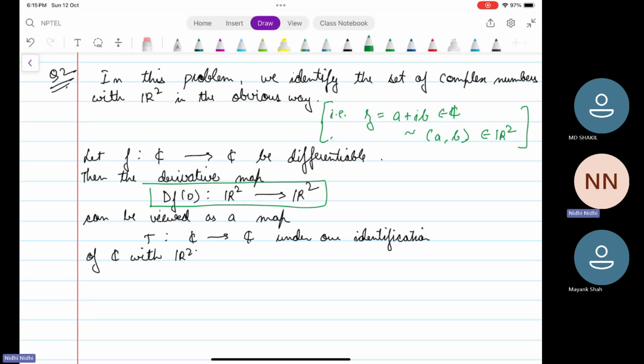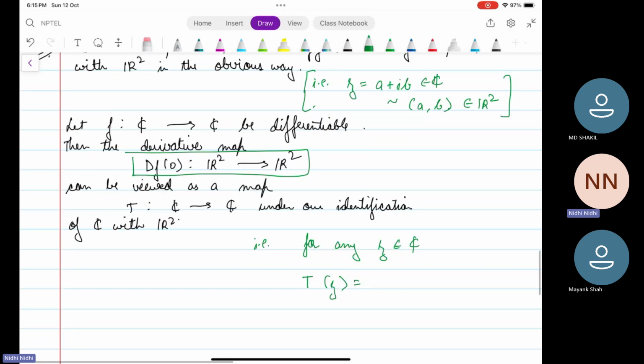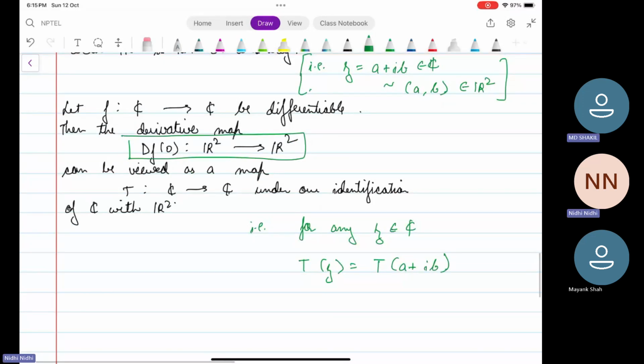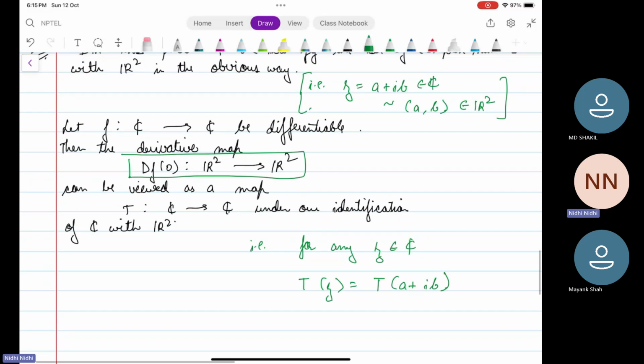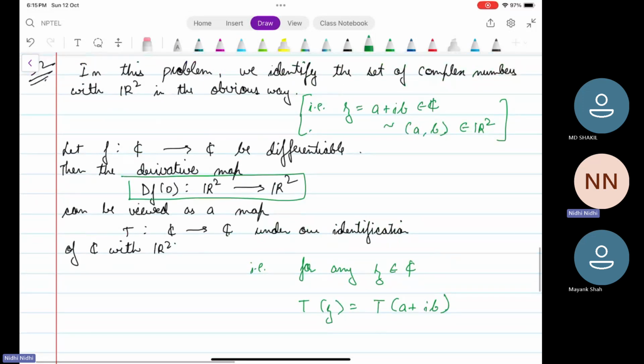That means this is a linear transformation. Then we are saying that we define T as our identification. That means for any complex number z in C, T at z is equal to T at some a plus iota b, and this a plus iota b will be identified as a comma b, and then we'll apply the map df0 at a comma b.